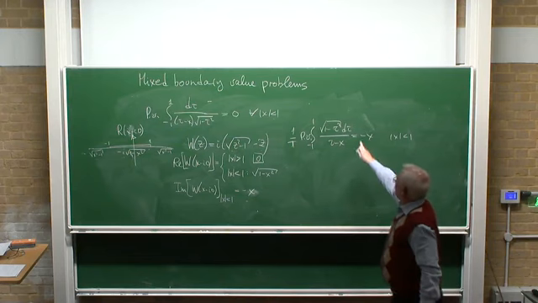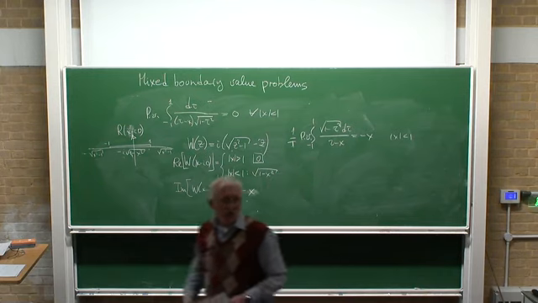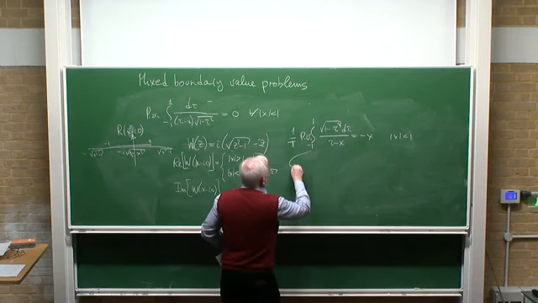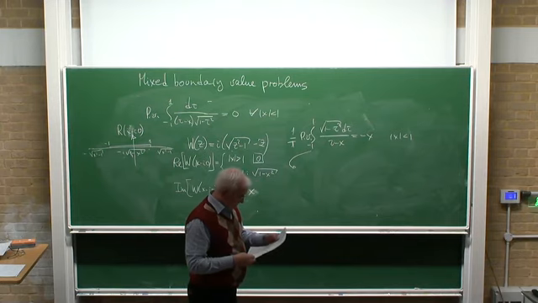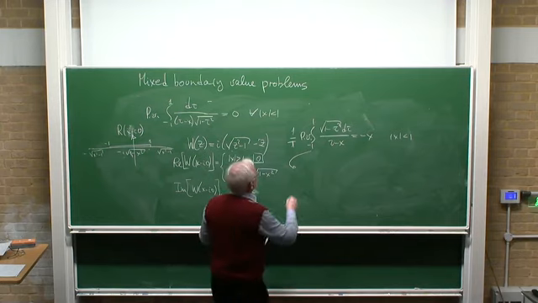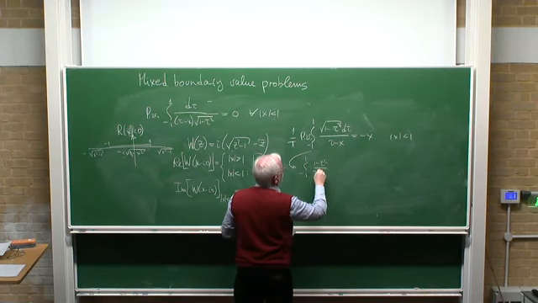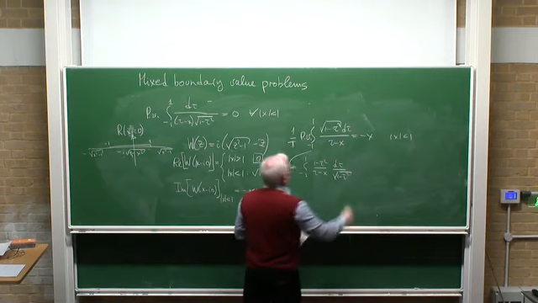And now what we need is to do some algebra with this integral. So we are doing it like this. In that integral, we multiply numerator and denominator by the square root, and it gives integral from minus 1 to 1 of 1 minus tau squared, over tau minus x, d tau, over square root of 1 minus tau squared.